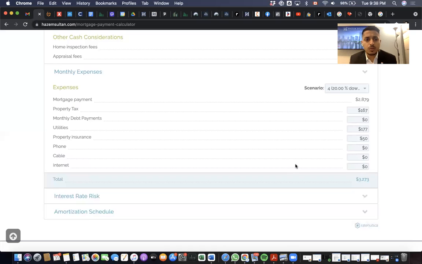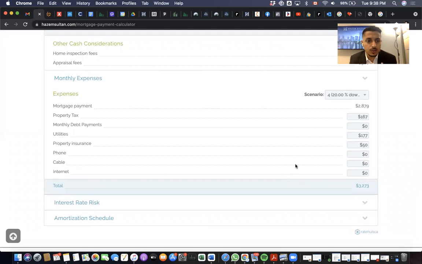But one thing that the mortgage calculator is not taking into account is the condo fees. I just realized this. So whatever the condo or strata fees are, you just want to add that on top. You could be looking at 200 to 300, 400, depending on the size, of course. You'll add that to the total figure here, and you'll see if you're going to be breaking even or not.